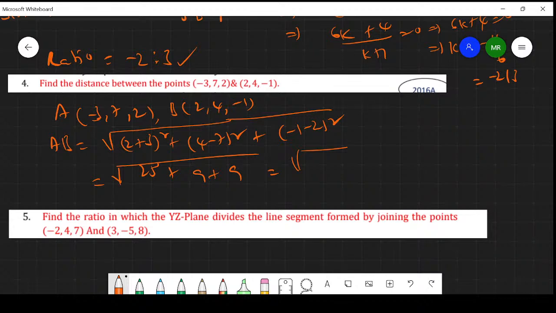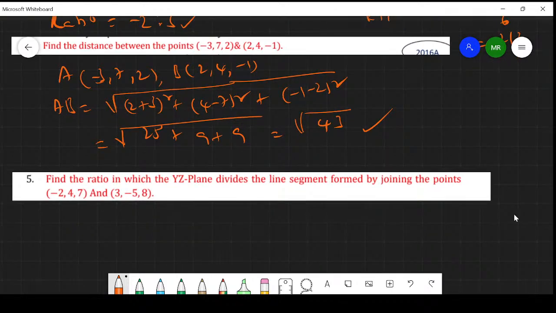Sometimes we should be careful. So you will get 18 plus 25, root 43. Correct, root 43. That will be your distance between A and B points, root 43.